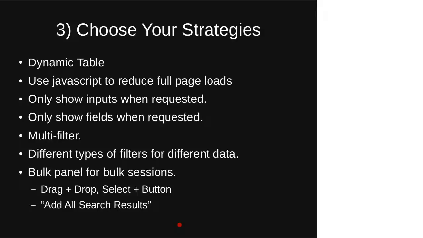If there was information that could be reduced to a limited amount of options, we just showed those options and allowed them to search through the options. And we added a bulk panel for bulk edits. So you could add people to this bulk section, collect users as you went through the entire data set, and when you were done, you could then enroll or edit all the users that you'd collected.